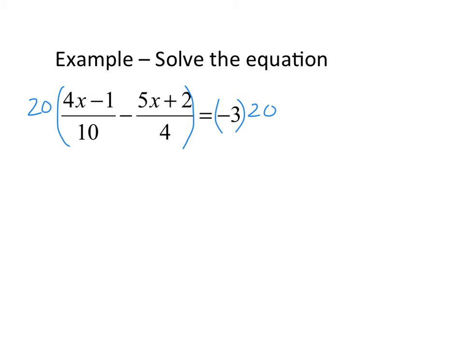And instead of multiplying 20 here and saying 80x minus 20 divided by 10 and then simplifying afterwards, I'm saying what we should do, like our last example, is think, okay, 20 divided by 10 is 2. So we have that 2 that's been reduced times what would be there in the numerator. 20 here divided by 4 is 5 times what's in the numerator.